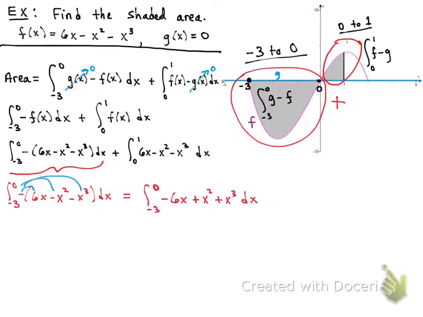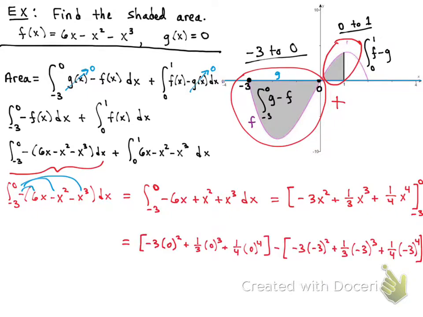And next we can find the antiderivative of this function, which we can easily find using the power rule for integration. Now we can plug in our limits of integration. Of course, this whole first piece will be 0. So then we'll get negative 63/4.